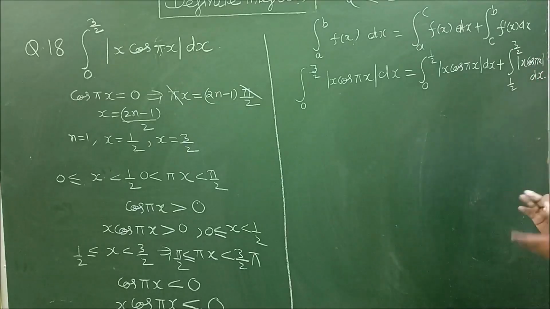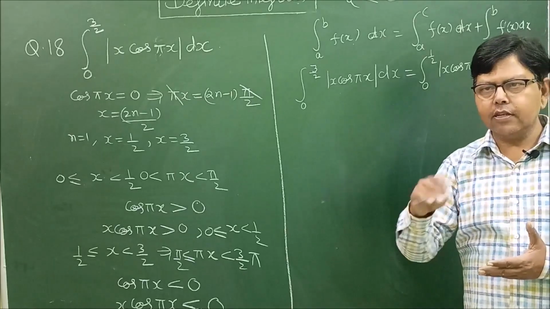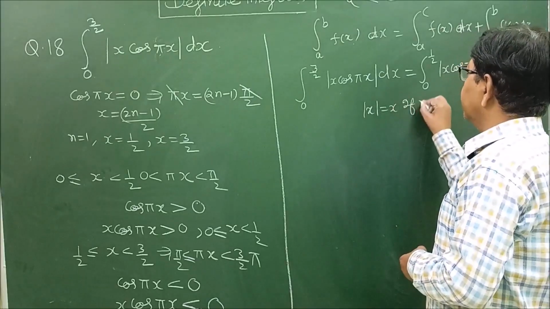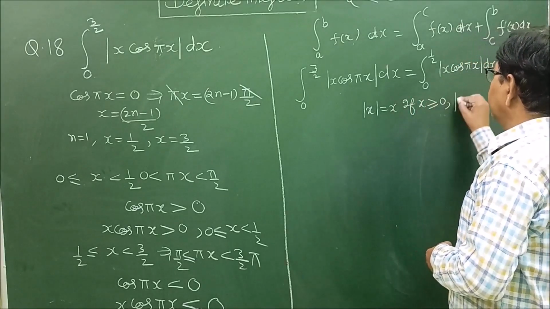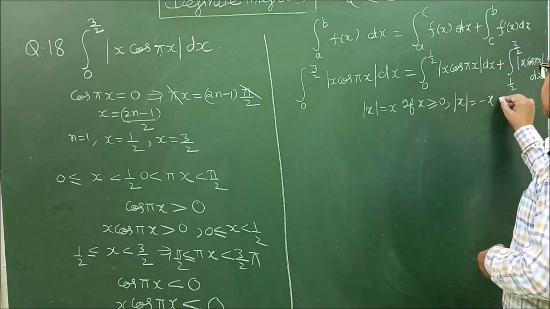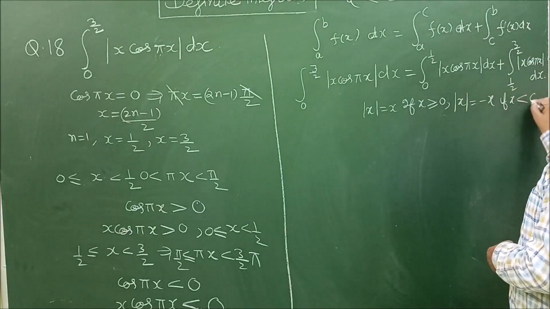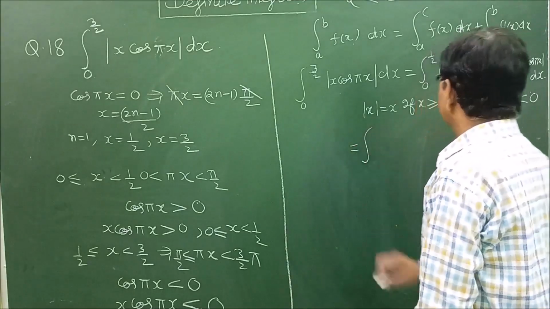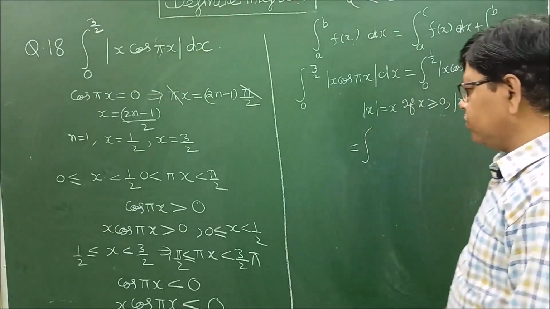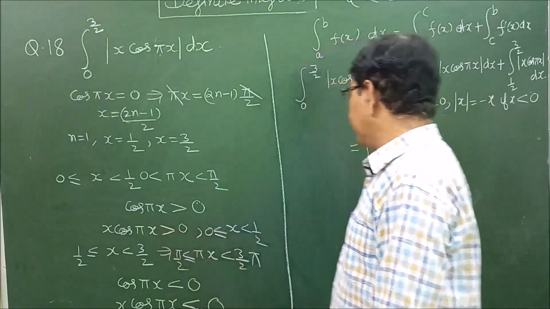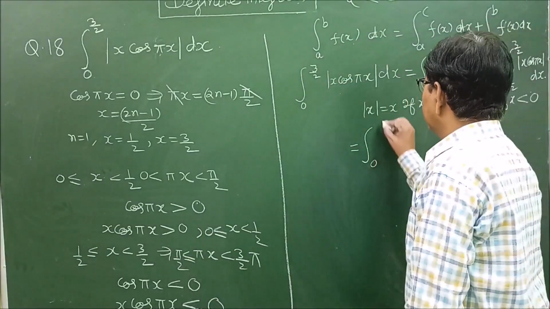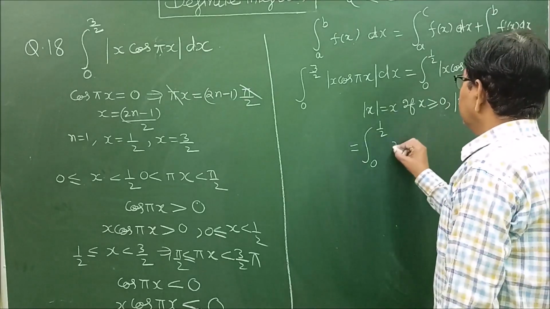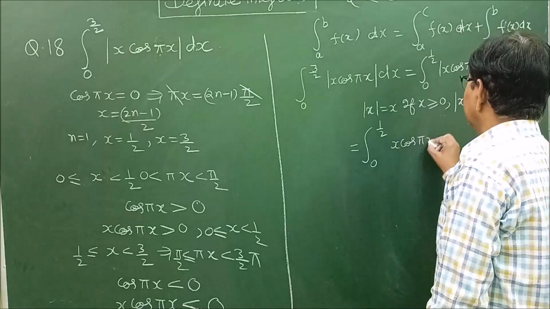Now recalling the property of mod x: mod x is equal to x if x is greater than or equal to 0, and mod x is equal to minus x if x is less than 0. So by using that property, between 0 and 1 by 2 x cos pi x is positive, so I can write 0 to 1 by 2 mod x cos pi x will be equal to itself, that is x cos pi x dx.